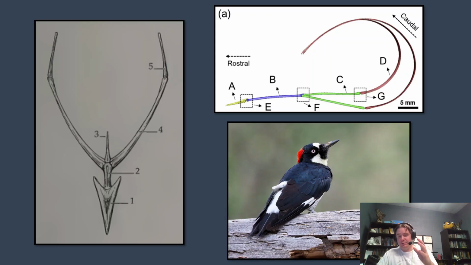The way the brain sits in that skull means that it actually overall does not take concussion level forces when the bird is pecking at something. I don't remember the exact figures, but something like about 60% of what would be considered concussion level forces in a human is about where they're at.